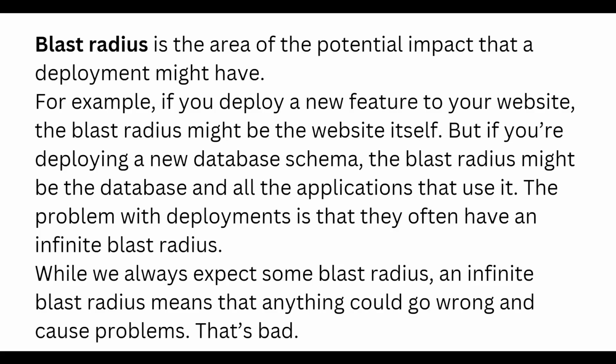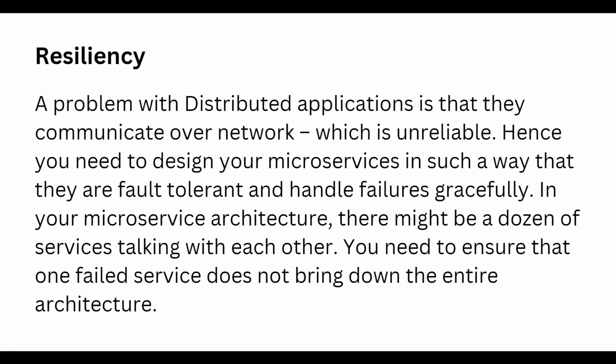Wherever you are making a change, that could be your blast radius, or wherever the regression is going to be, that could be your blast radius. Resiliency is something like that. Let's say if we do something, then we have to ensure that it is not affecting other parts of the application. So if something goes wrong, then we have to make sure that the entire application is not going down.